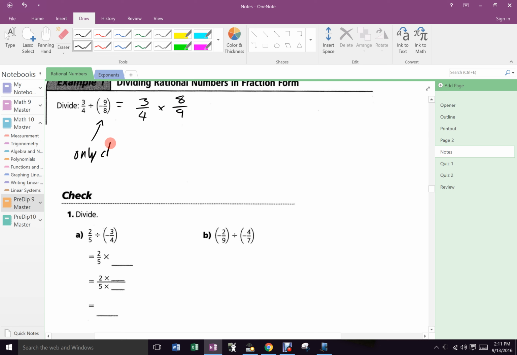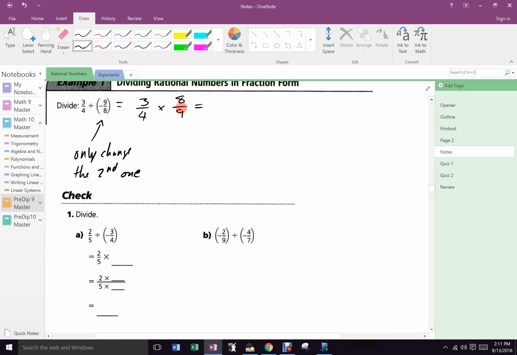Please notice, you only change the second one, which in math speak is called the divisor, but never mind. Dividend is the first one. Dividend, divisor, quotient.